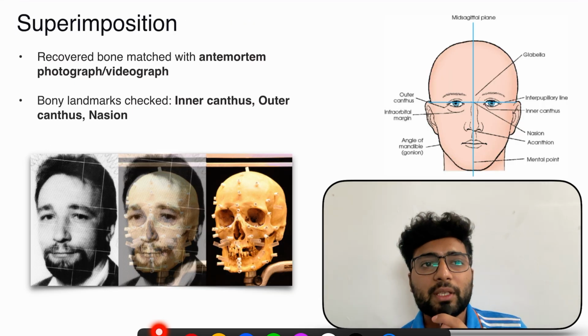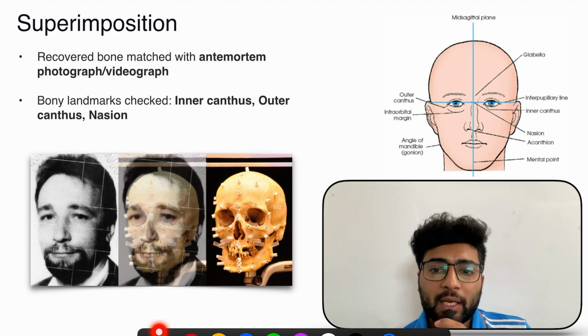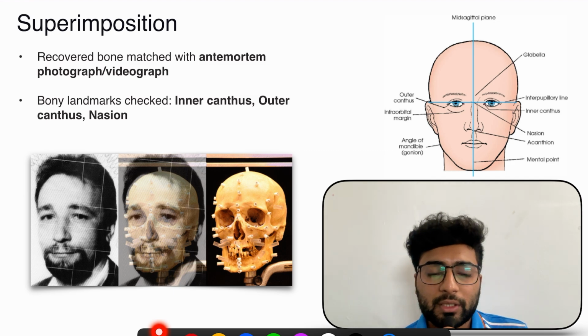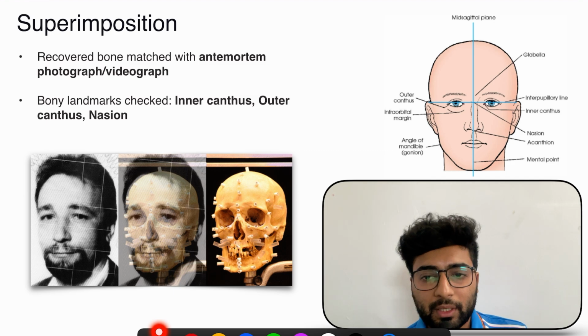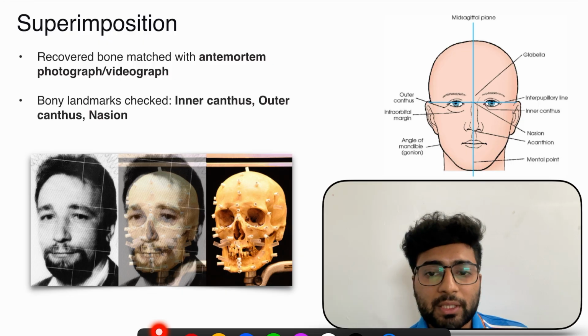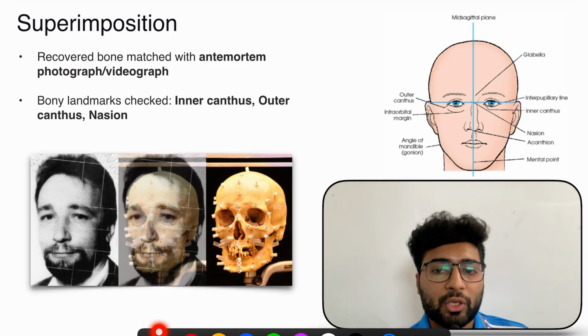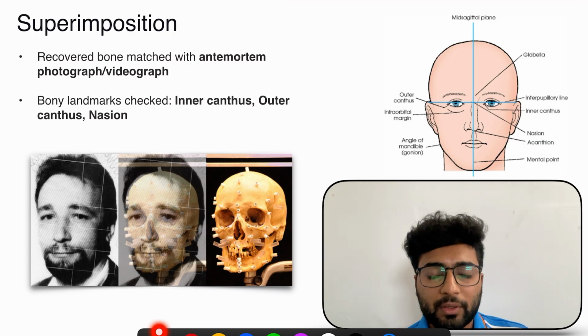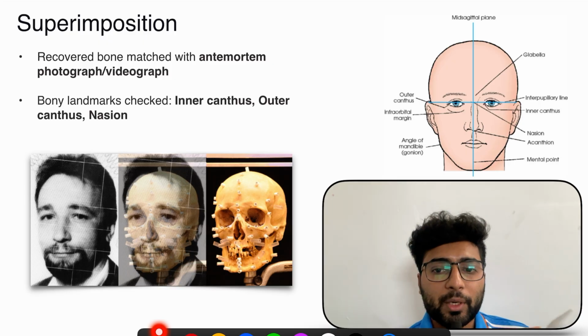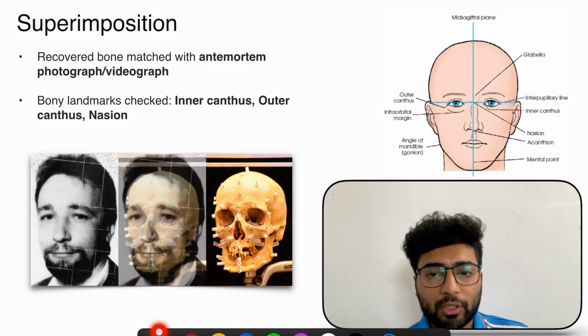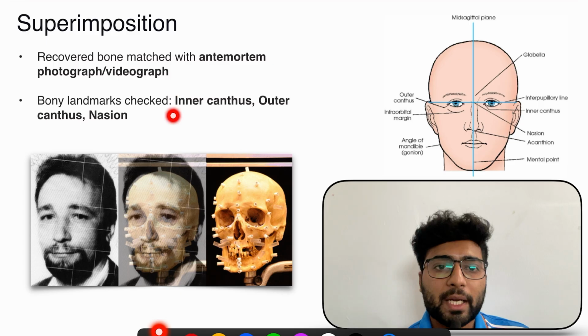Now this one is superimposition. See, let's say we found a skull in the crime scene. Now we are suspecting that this skull might be of this person. So what we do, we superimpose that skull on the person's photograph or videograph, right? Then we compare some landmarks like this.